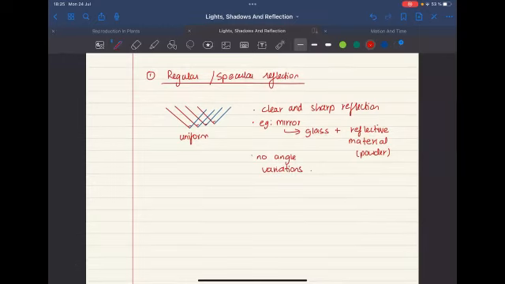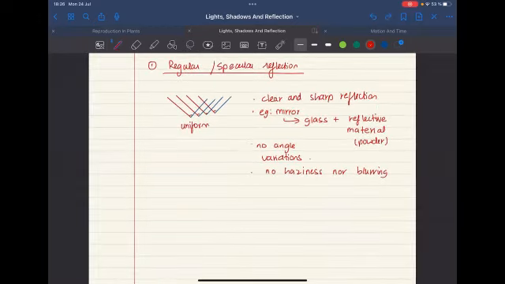So there's no haziness. Haziness means reflecting like this, like this, like this. No, it's uniform. And blurriness, you know what blurriness is. So this is how a regular or specular reflection looks.